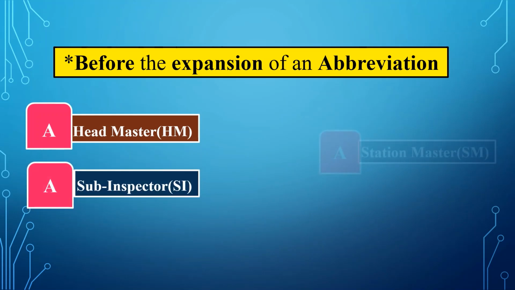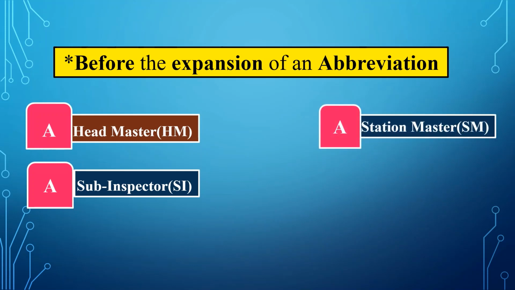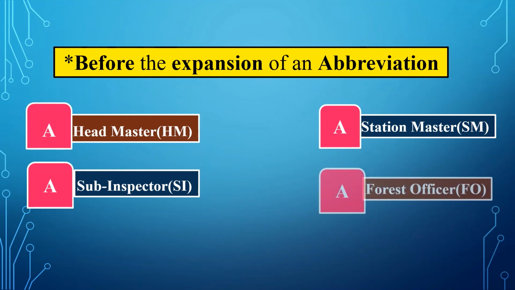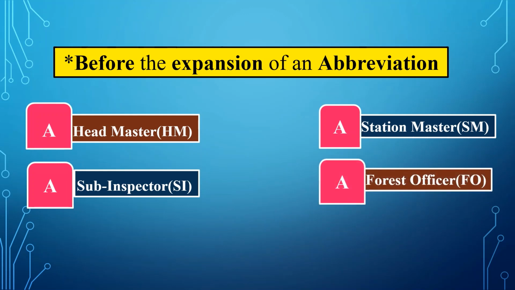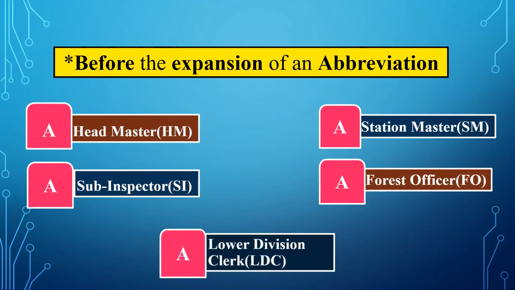An SM is expanded as a station master. An FO is expanded as a forest officer. An LDC is expanded as a lower division clerk.